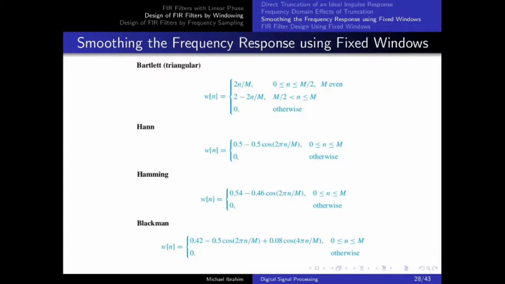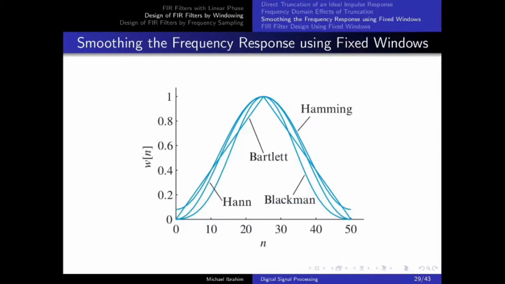And these are the equations for the Bartlett, Hahn, Hamming, and Blackman. We do not need to memorize these equations. Maybe we only need to take a look at the plot of these equations. All of these windows, Bartlett, Hahn, Hamming, Blackman, have the same feature of a gradual transition.